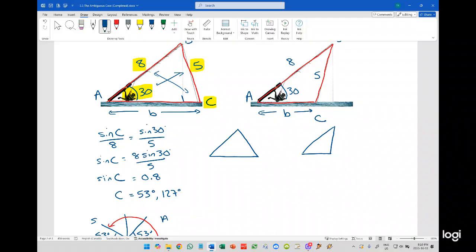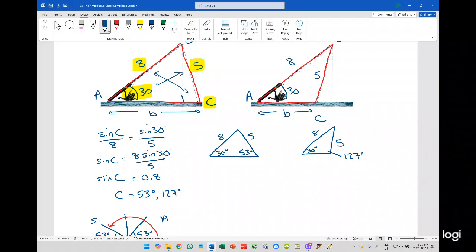In both of them, this is 30 degrees. This is 8 and this is 5. However, angle C, one of them is 53 and one's 127. This is the acute one, so that's the 53. And that makes this one the 127 degree version.